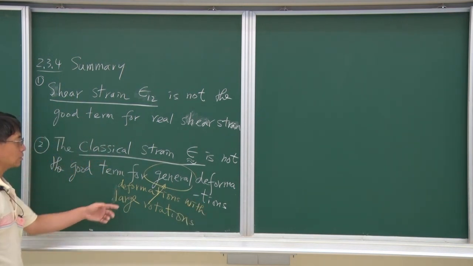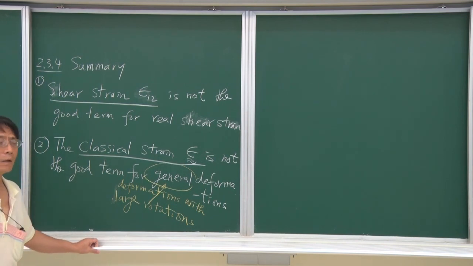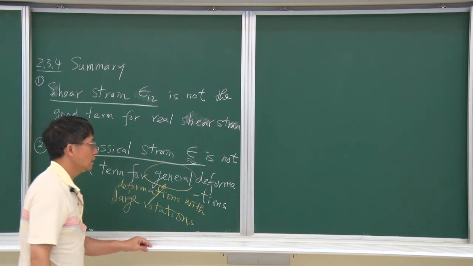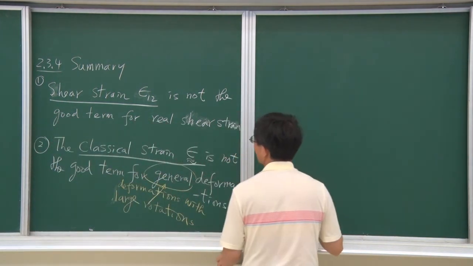Okay, so large rotation is the main reason that the classical strain is not a good physical quantity.